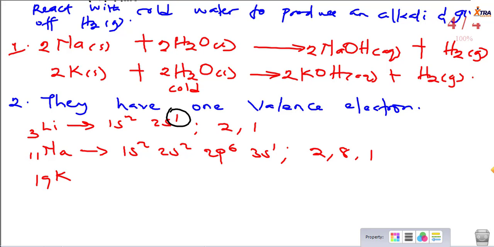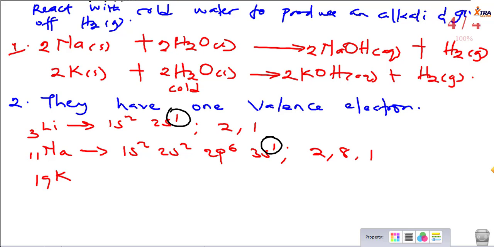The outermost electron of sodium is located on the 3s orbital, and it's just one. For potassium, the outermost electron will be on 4s1. It means that they each have one valence electron, or one outermost electron, and that's why they are put in group 1, because the number of outermost electrons tells you the group you belong to.